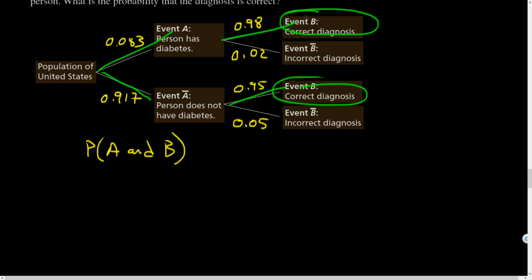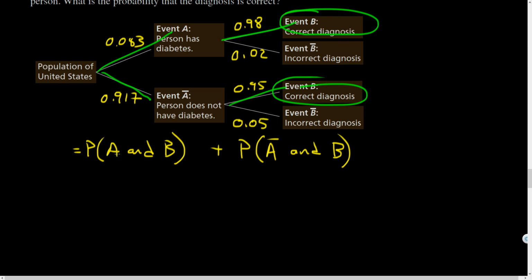That's what this would be describing. I'm also looking for this outcome, the probability that a person does not have diabetes and that they get the correct diagnosis. All right. So this is the answer that I'm looking for.